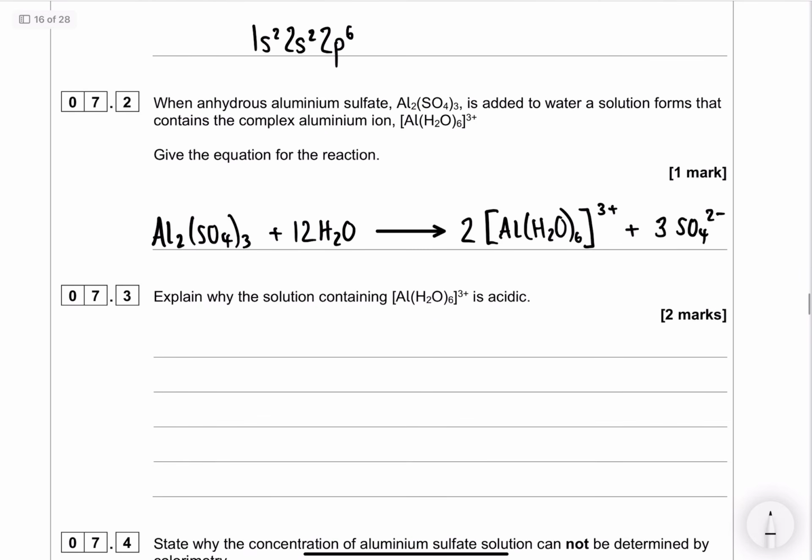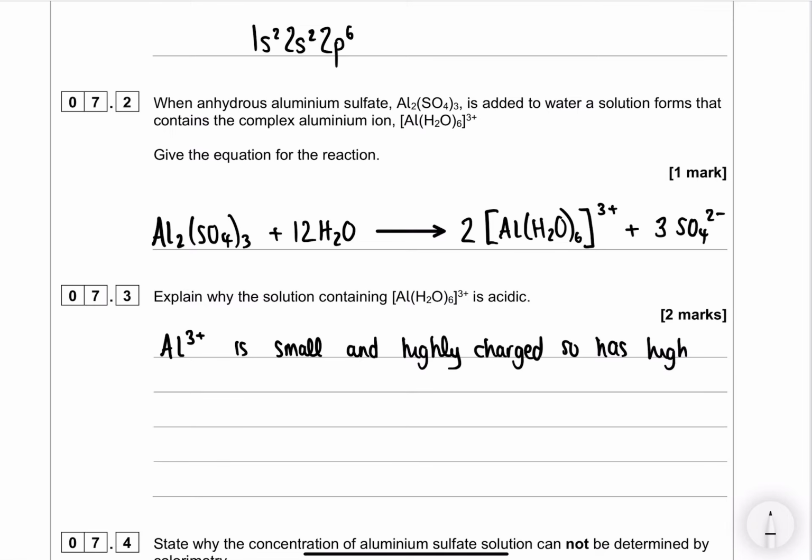Explain why a solution containing Al(H2O)6 3+ is acidic. So it's all to do with Al3+ being small and highly charged. So it has high charge density.